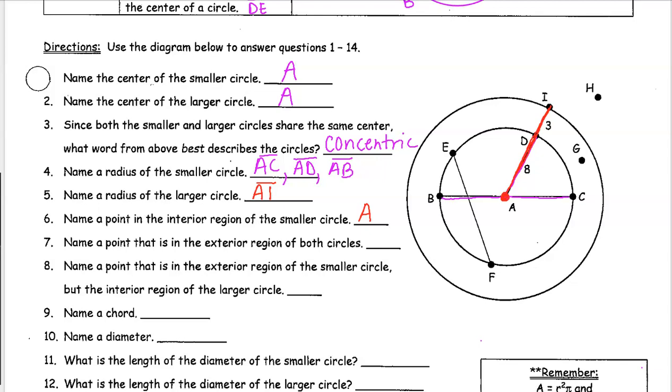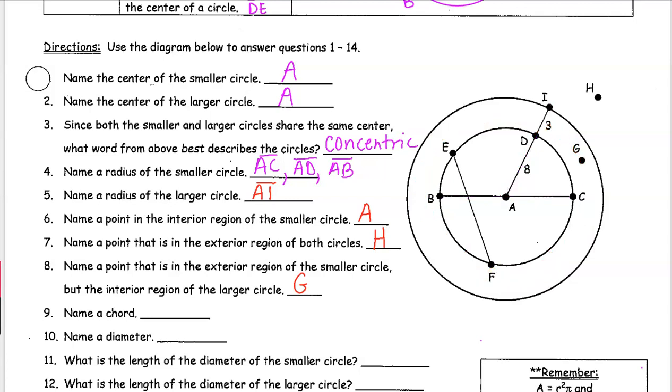Okay, the exterior region of both circles: completely outside of both circles would be H. And a point in the exterior region of the small circle but on the interior of the large circle, so we're looking for this little strip here, would be G.